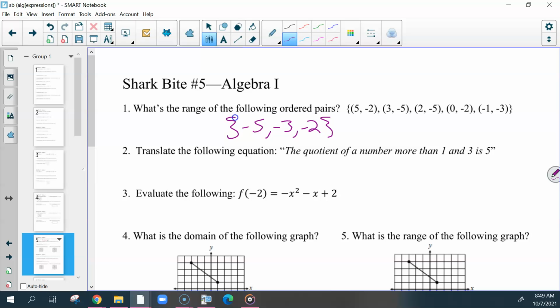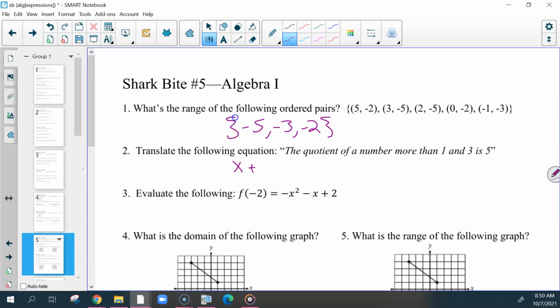For number 2, it asks you to translate the following equation. The quotient of a number more than 1 and 3 is 5. This "more than" is actually adding, so it would be a plus, not the greater than symbol.